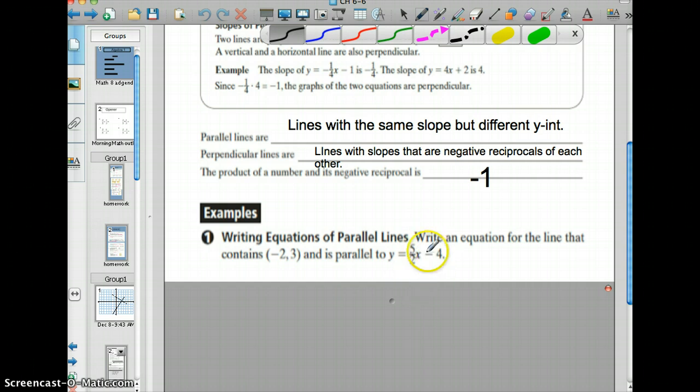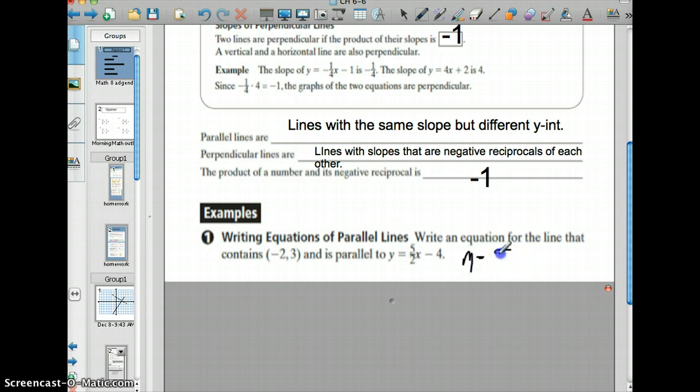What is the slope of this equation? The slope of this equation is going to be 5/2. Okay, that's the slope. Since the line is parallel, it's going to have the same slope, so we do not use this equation anymore.